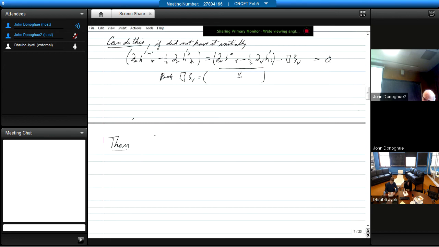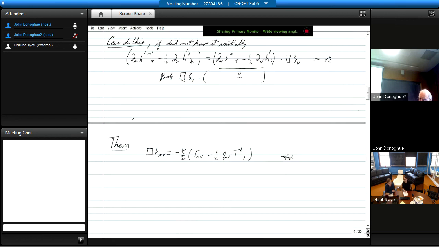The variation of the equation is then I just get box h mu nu equals minus kappa over 2 times T mu nu minus 1/2 eta mu nu T lambda lambda. So that's one version, where this is R mu nu up to a kappa over 2.